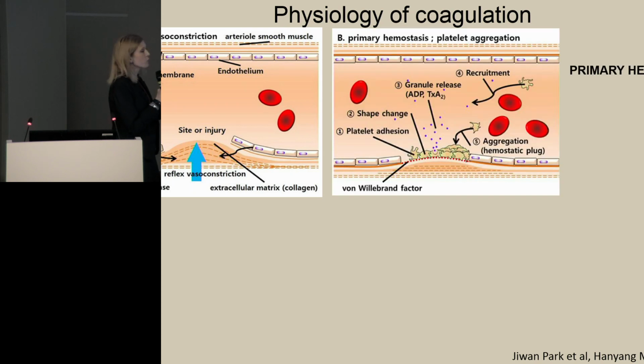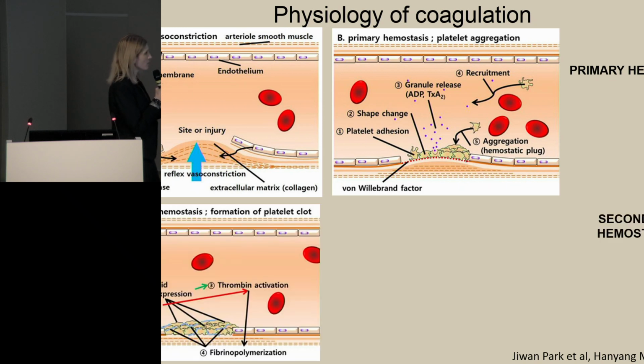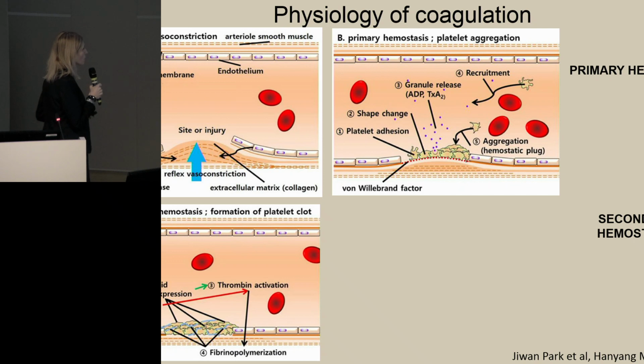Then we have primary hemostasis. So the platelets start to act and they have adhesion, activation, aggregation, and in the end they form this primary platelet plug. During this time, we have also the activation of secondary hemostasis because we have the exposure of tissue factor to the blood flow, and we will have the fibrin clot formed.